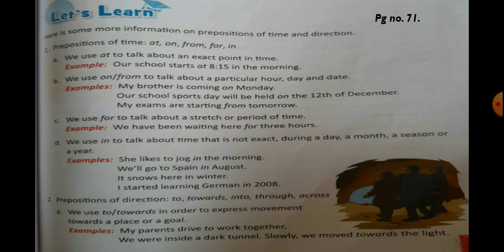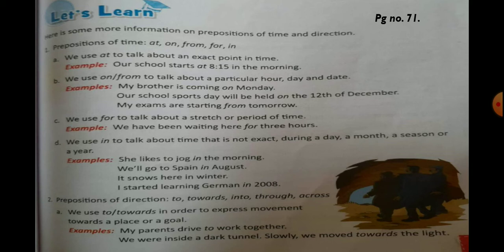Number A. We use at to talk about an exact point of time. When we talk about a particular time, we use at. Example: our school starts at 8:15 in the morning.